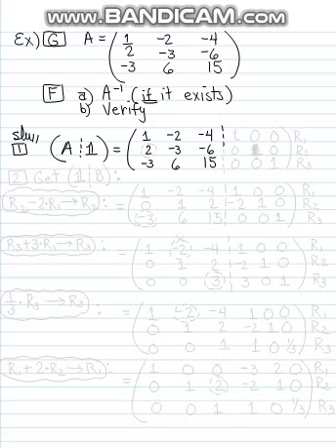I'll put my dotted line here, and I'll write the identity matrix. 1, 0, 0; 0, 1, 0; 0, 0, 1. 1's on the diagonal, right? That's the identity matrix for a 3 by 3.